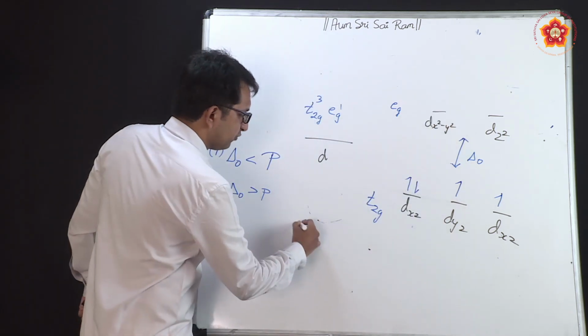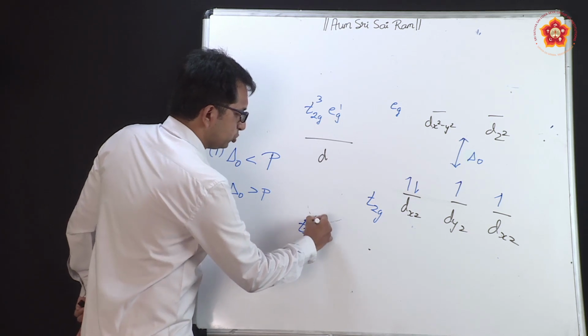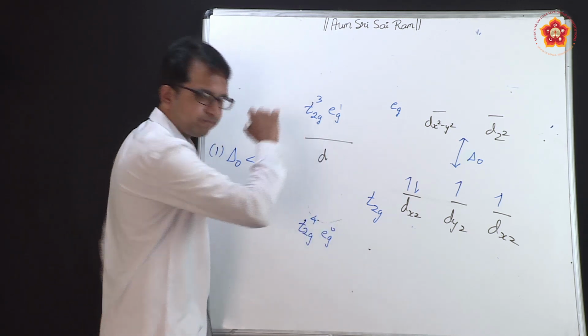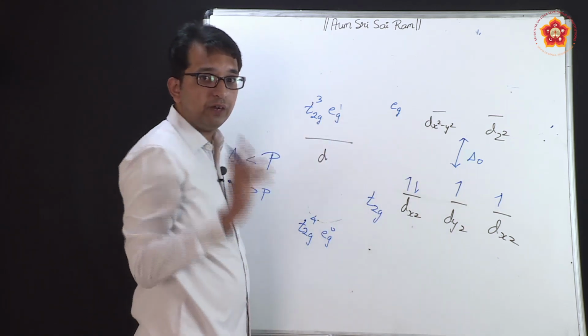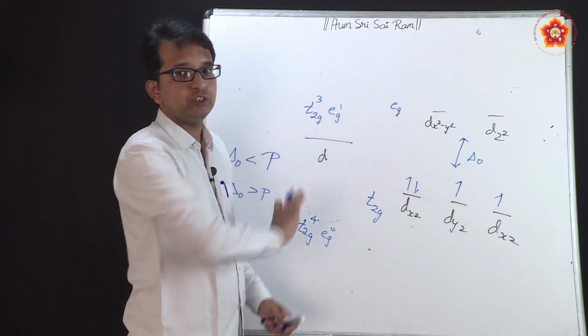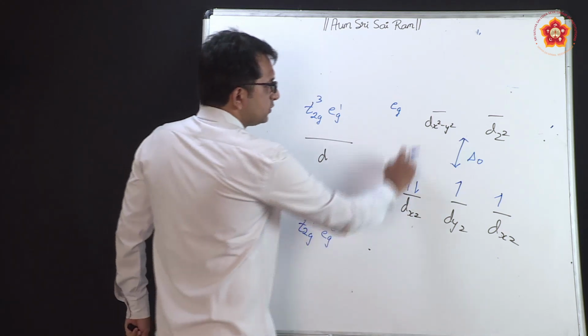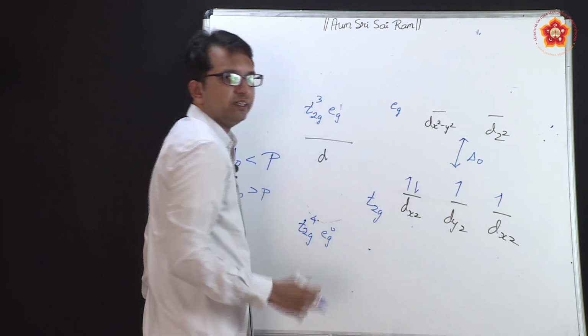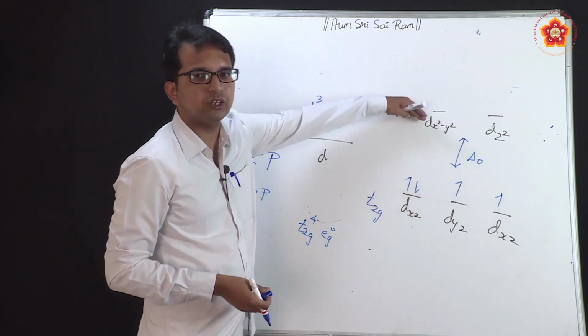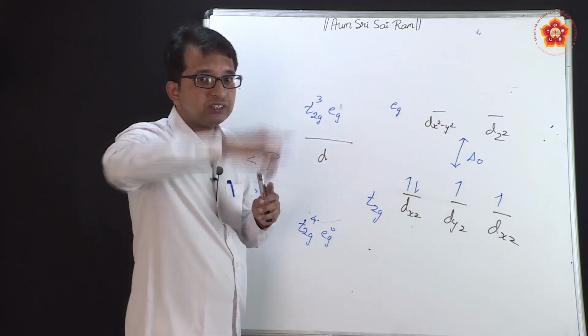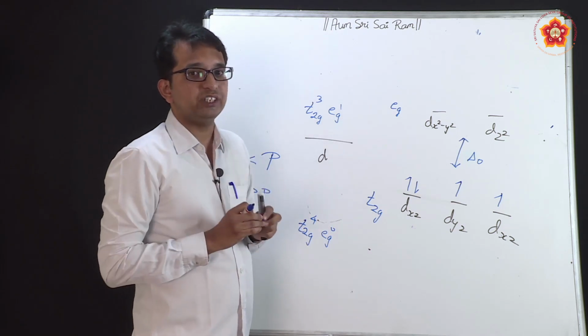And what will be this configuration then? It will be t2g4 eg0. So this is how the difference in energy will determine where the electrons will go, and the transfer of these electrons we call a d-d transition, because this is also a d orbital, this is also a d orbital. So the transition between these two we can call d-d transitions.